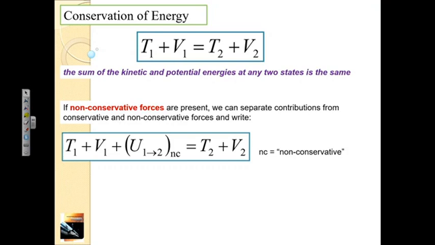Now we throw that little NC, the non-conservative work, because I've taken the work from conservative forces and pulled them out into my potential energy terms. And that's going to be one for gravity and one for springs. So really, this is the equation we use. Instead of thinking, are we conserving energy or not, I just go with the work energy expression and say, what does my work term look like? Do I have frictional losses? Do I have energy being dumped in or taken out of the system some other way?